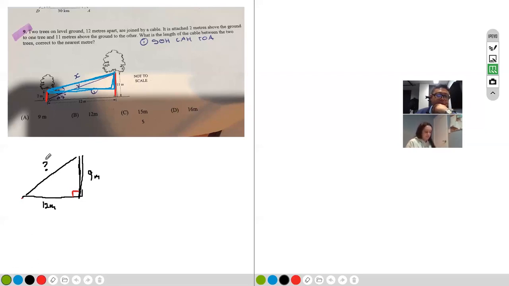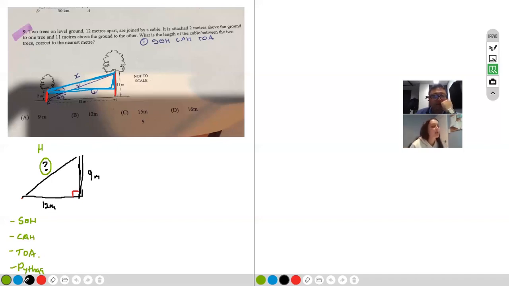Soh Cah Toa. What are we trying to find? A side, the hypotenuse. So we could use Soh Cah Toa, or what other tools are available to us when working out a right angle triangle? Pythagoras. Okay, so which one?